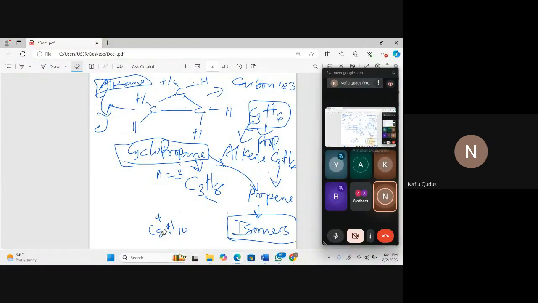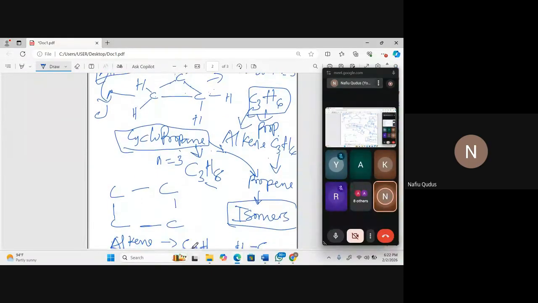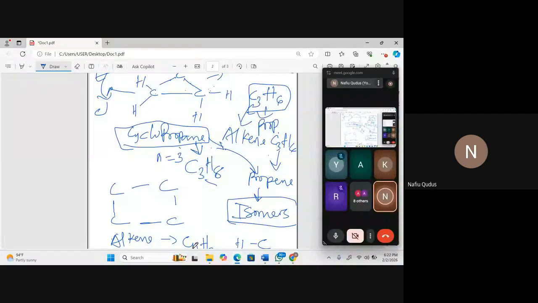Another thing that we have for alicyclic is this. You also have something like a triangle or a square. You know, they are closed, right? These carbon atoms are closed, right?